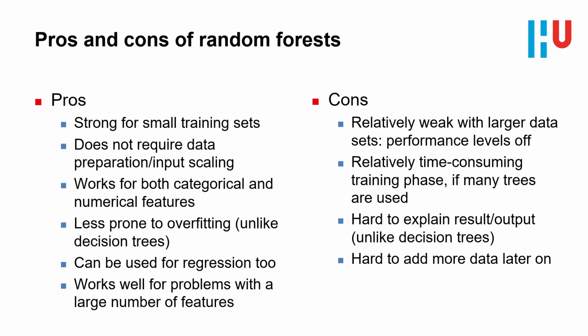Of course, you can look at what each tree does, but then you have to see, okay, this tree does this, this tree does this, and then I get some kind of output. But that's a lot of work for each individual point. When you have a decision tree, it's much more clear what the relation is between input and output. And it's relatively hard to add more data later on.